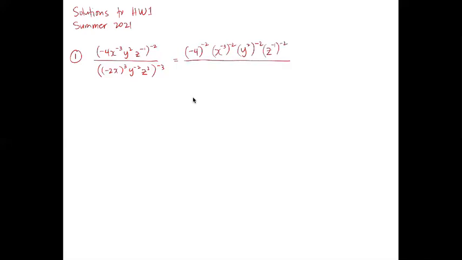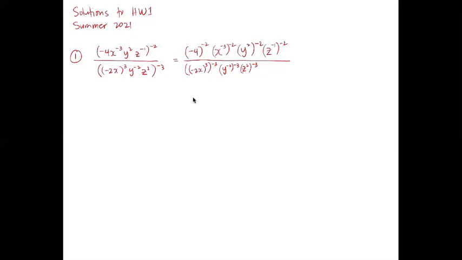And for the denominator, we will have negative 2x raised to 3 raised to negative 3. Then y raised to negative 2 raised to negative 3. Then z squared raised to negative 3. So that could be your first step in the solution.